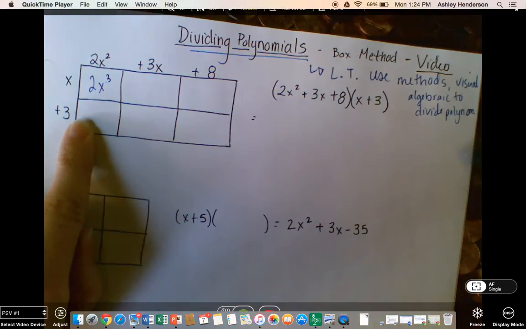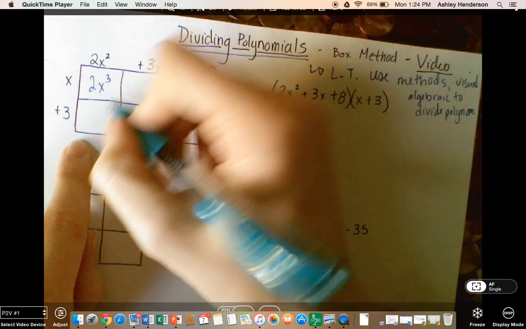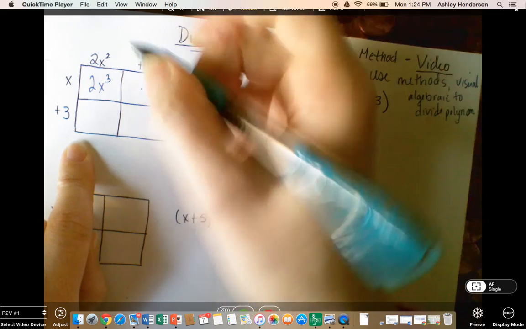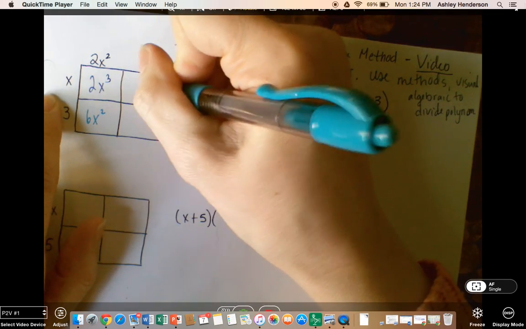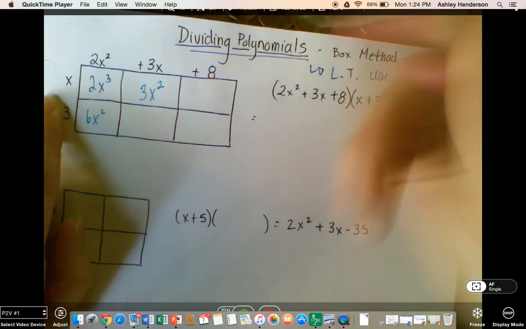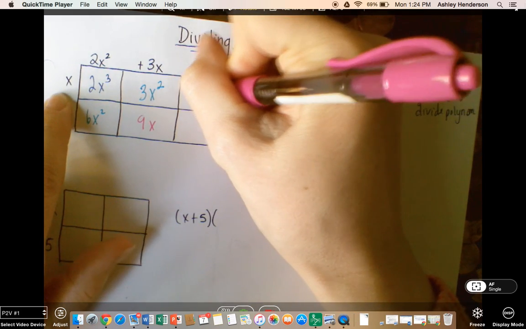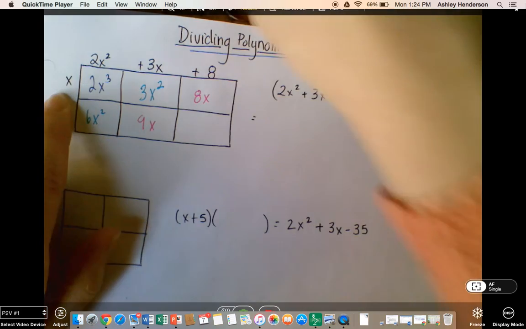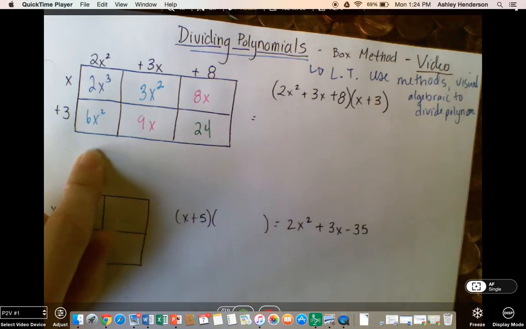2x cubed, and then I can expect that these two terms here and here, 6x squared and 3x squared, are going to be like terms. And then here and here, I'm going to get 9x and 8x. Those are both like terms, both to the first power. And then here I'm going to have 24.